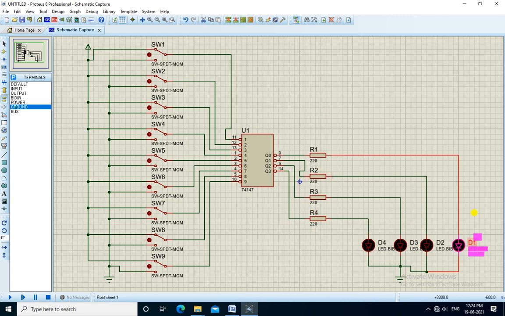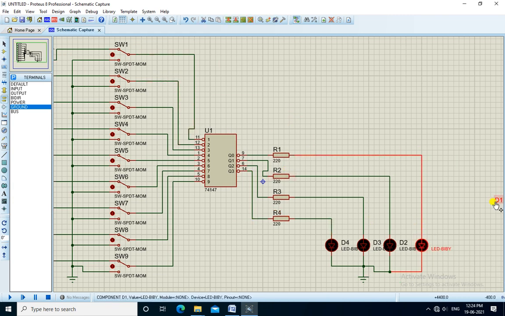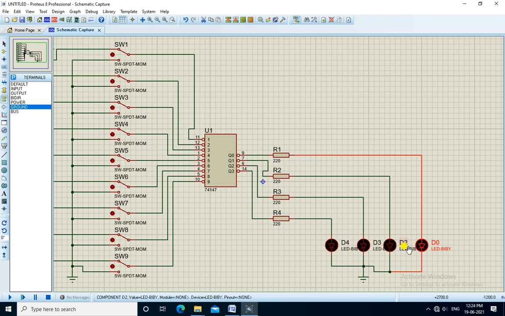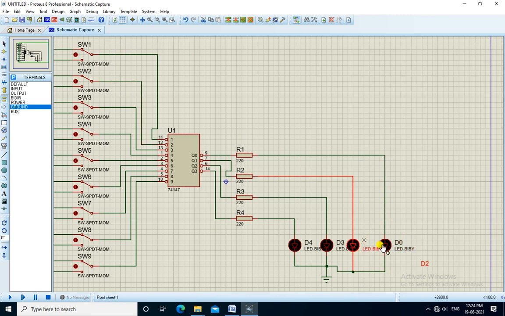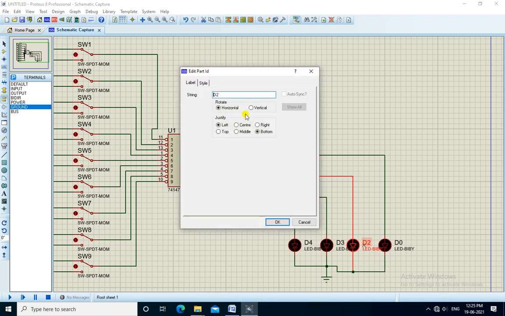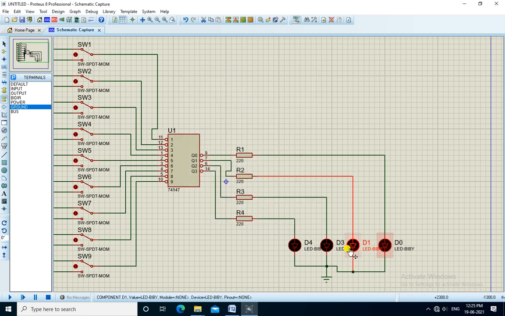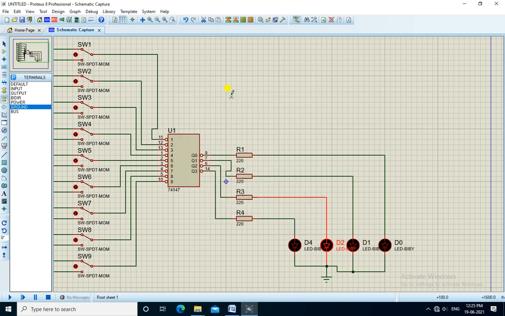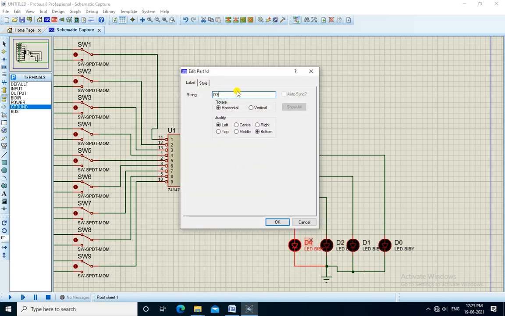And the names of these LEDs are D0, D1, D2 and D3.